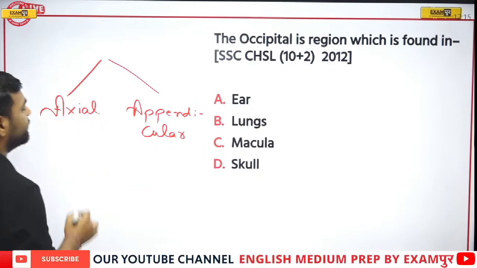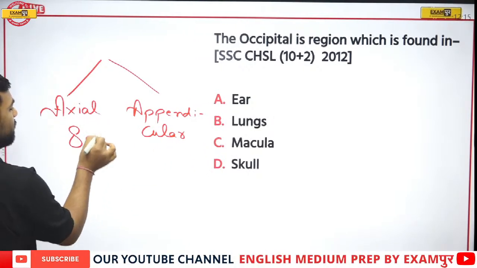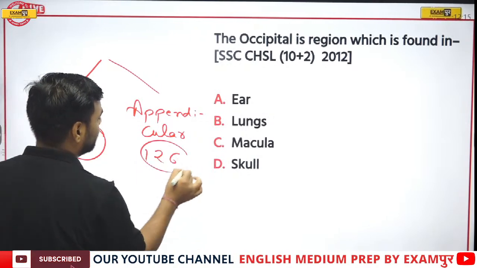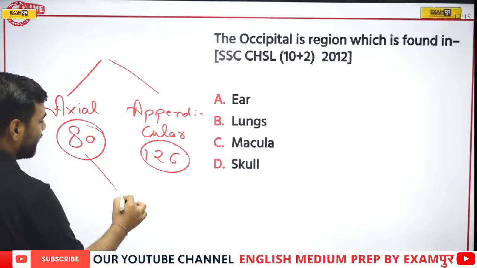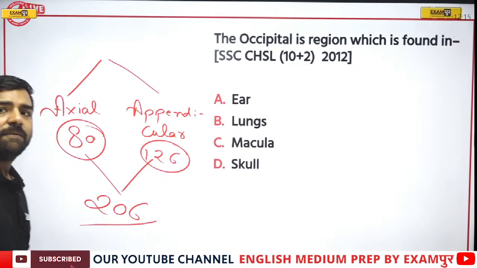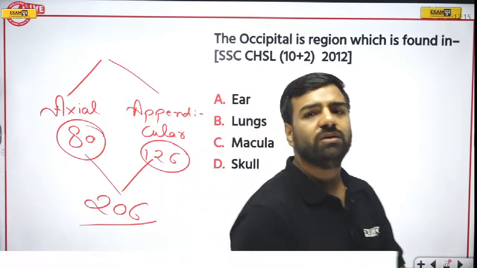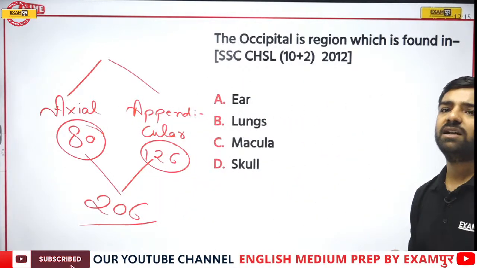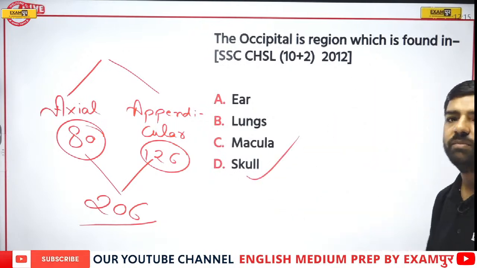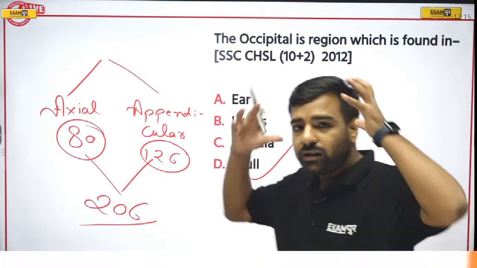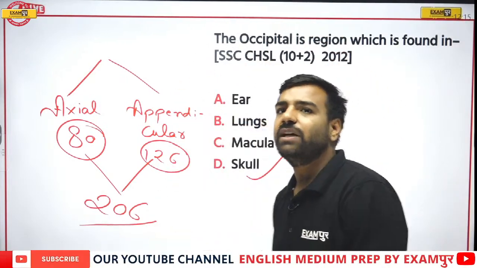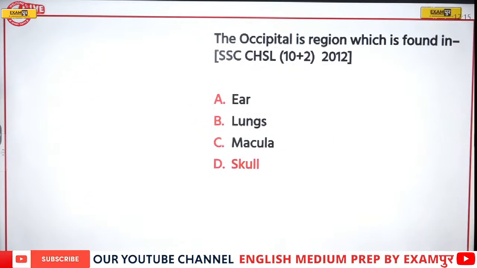We must be aware of these things. 80 bones are present in the axial part and 126 bones in the appendicular part. If I sum them up, they give the answer 206, the total number of bones. Happy has joined us, Dilip is there, Ravindra is there, Pankaj, you all are correct. Here the correct answer would be skull. The skull is the cranial part where we have the occipital region, and hence option D is the correct answer.